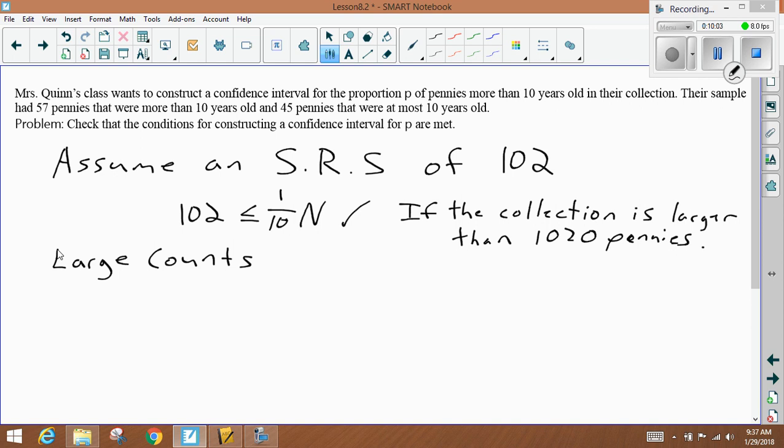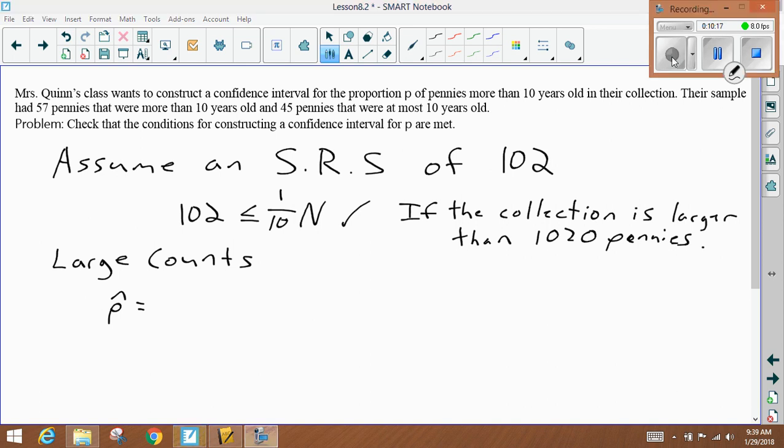So first of all, we need to know what p hat is, right? What is p hat? Our sample. All right, so let's look at the proportion of pennies that are more than 10 years old.